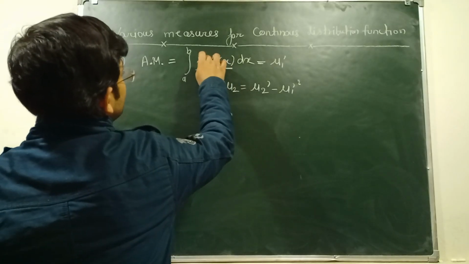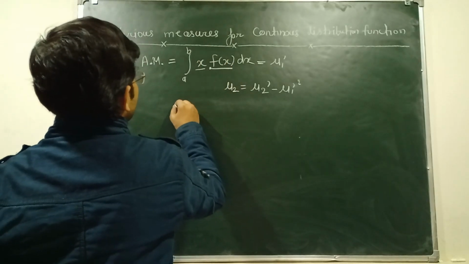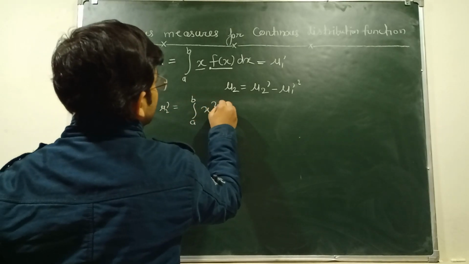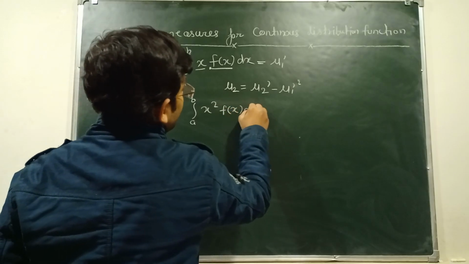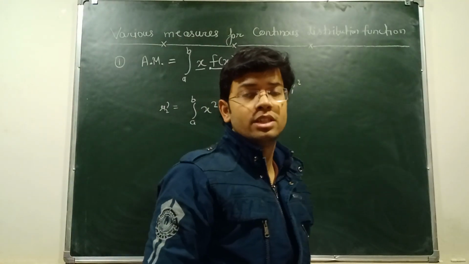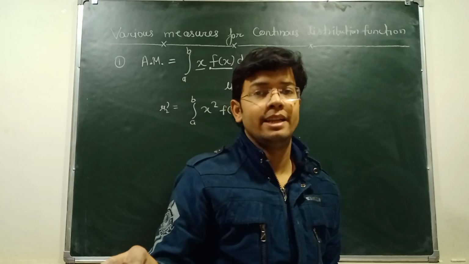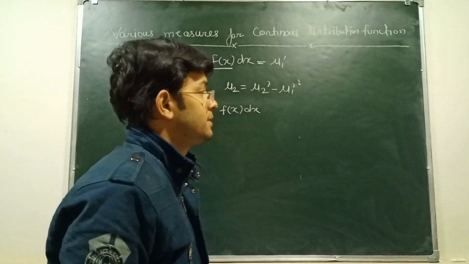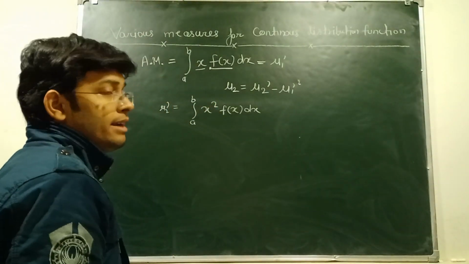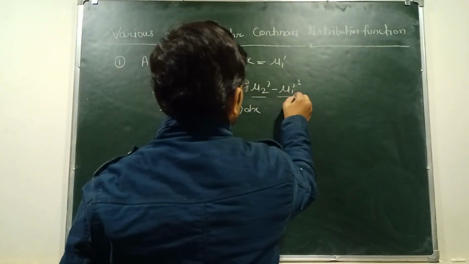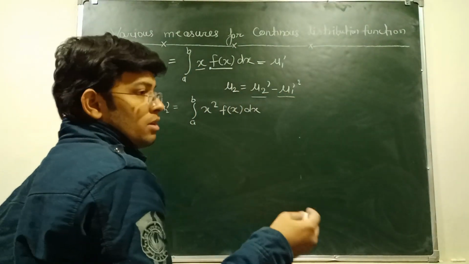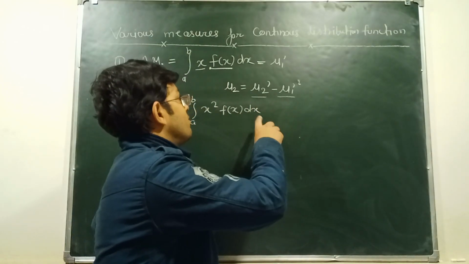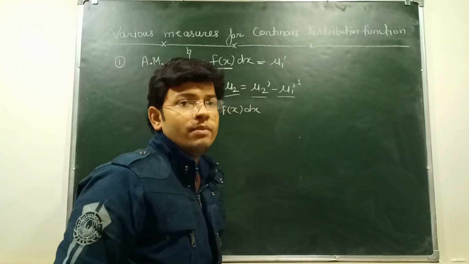In the case of mu2 dash, we have to write x square in place of x. So we can find mu2 dash easily if we put x square in place of x. After finding the values of mu2 dash and mu1 dash, we simply put them in and calculate. After calculation, we can find the value of mu2.